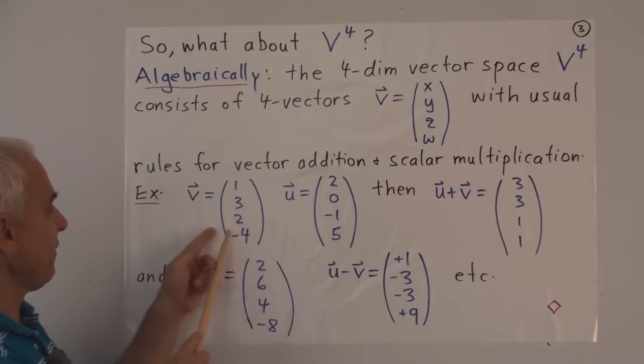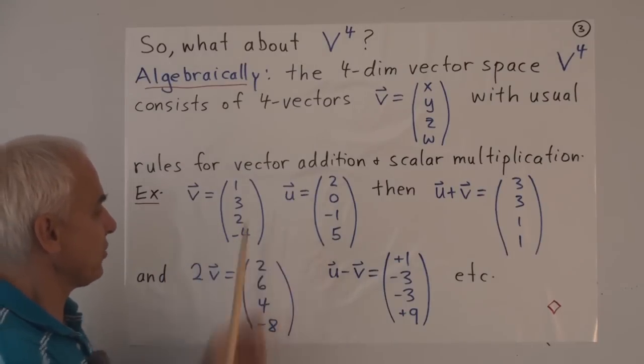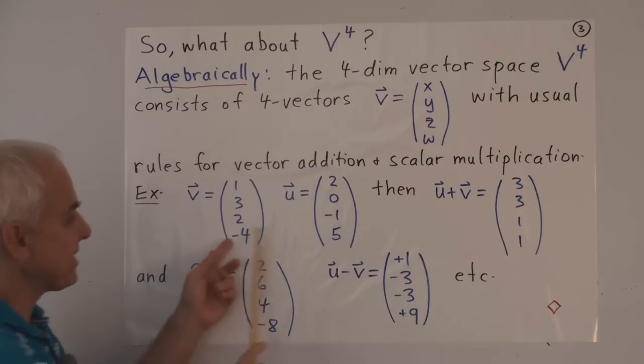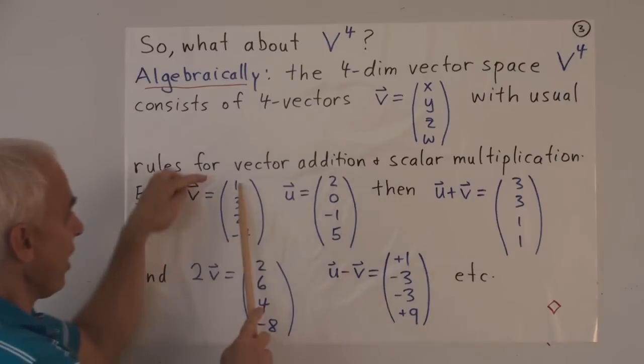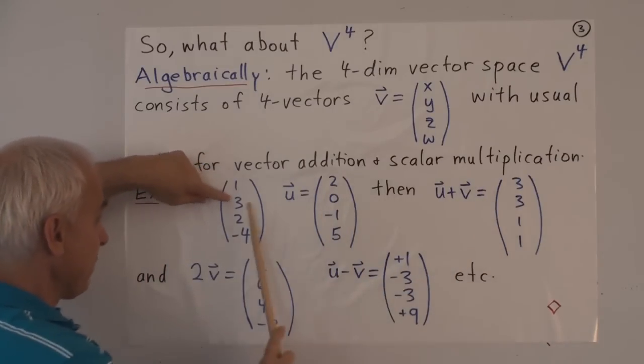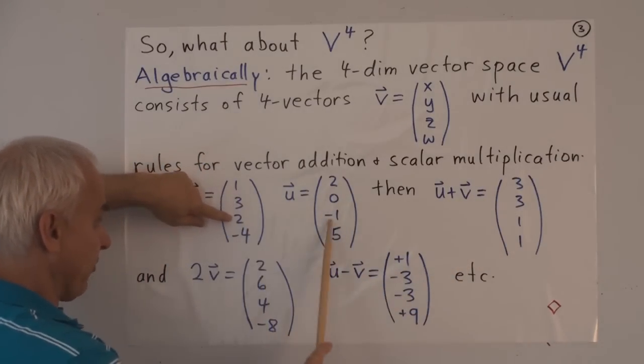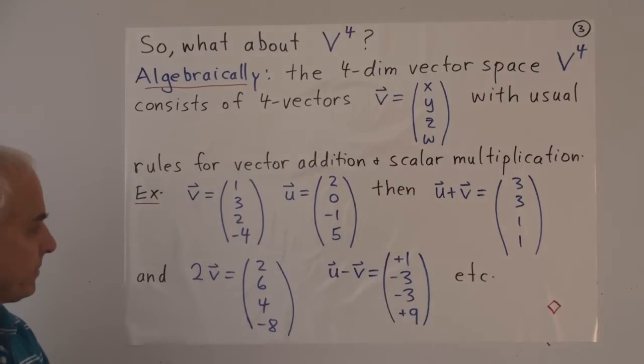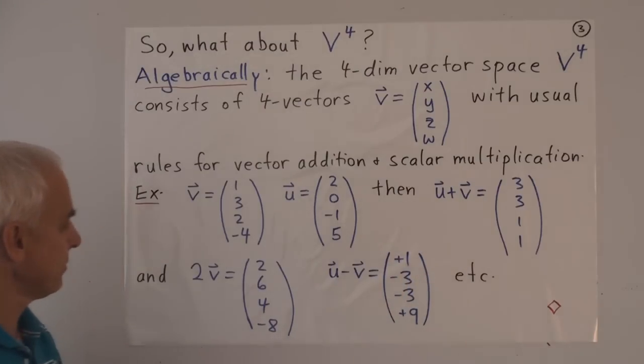So for example, if here's the vector v and here's vector u, both four-dimensional vectors, then the sum is just obtained component-wise. So 1 plus 2 is 3, 3 plus 0 is 3, 2 plus minus 1 is 1, and minus 4 plus 5 is 1. So there's the sum of the two vectors.